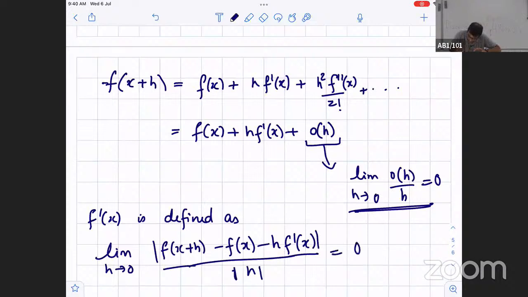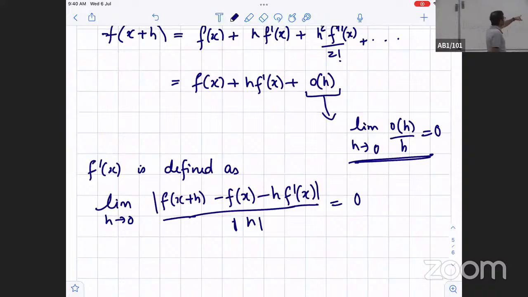Okay, this is equal to 0. Any function that satisfies this condition is also a derivative. So that is another way of defining it.